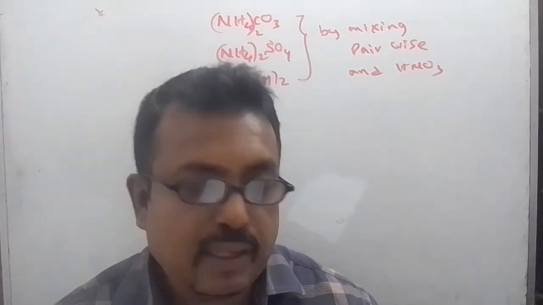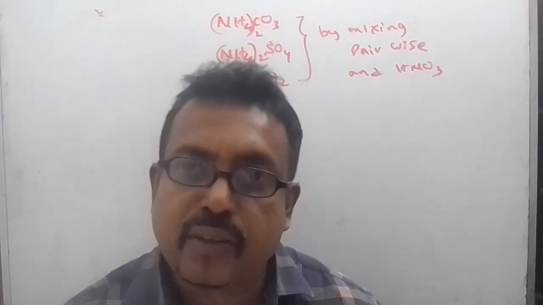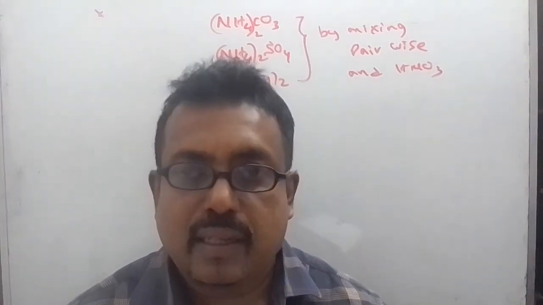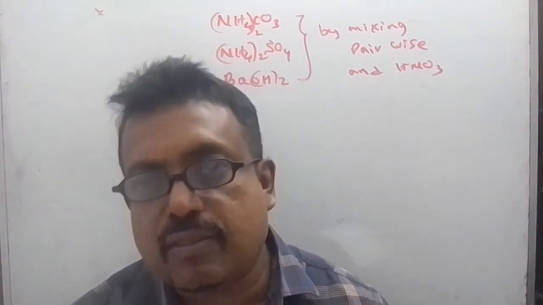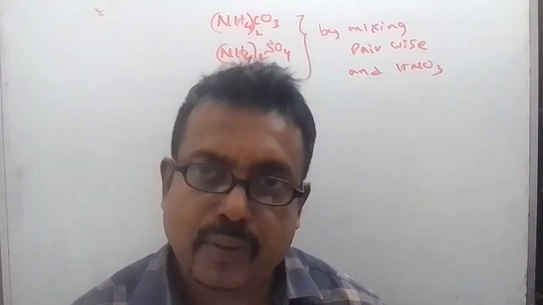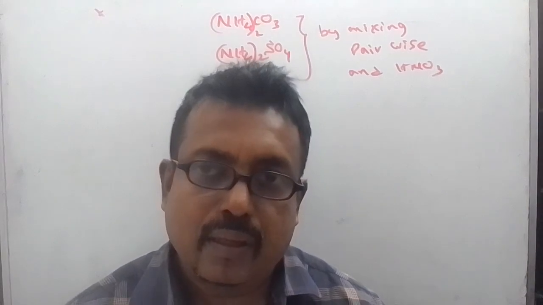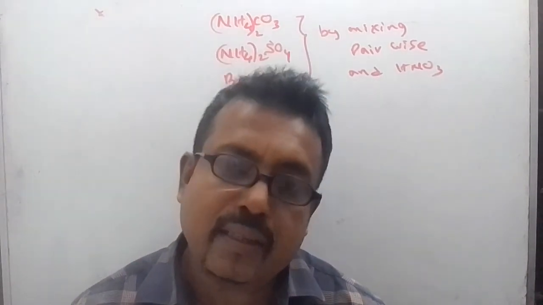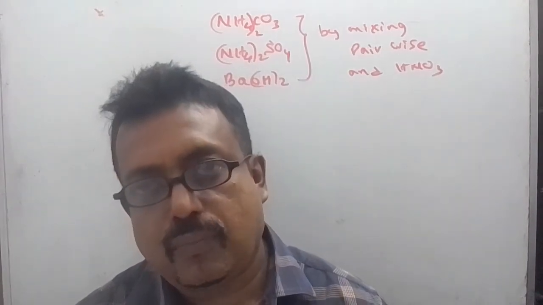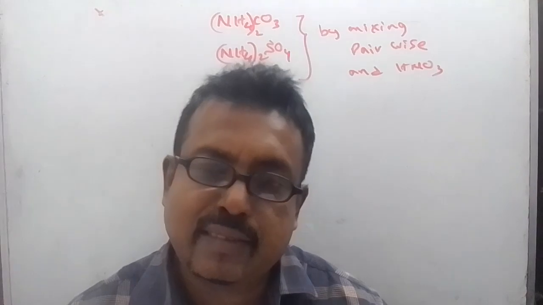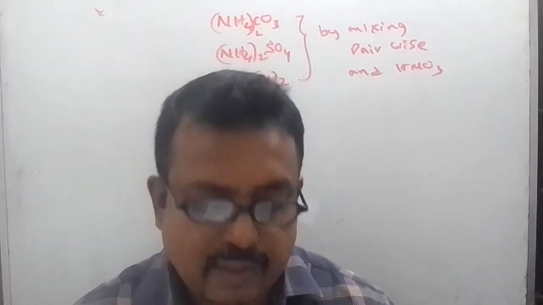But when you put nitric acid, barium sulfate remains in the solution as a precipitate because it doesn't dissolve in nitric acid. But the barium carbonate does. Based on that, you can write down the answer. Very simple. This is the simplest answer that can be given. What is the answer?